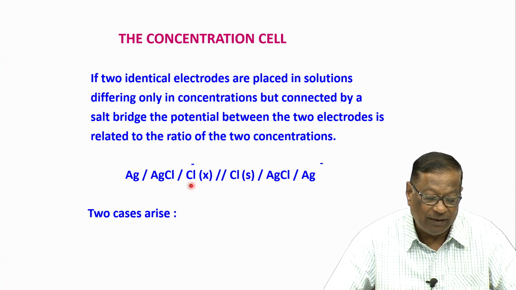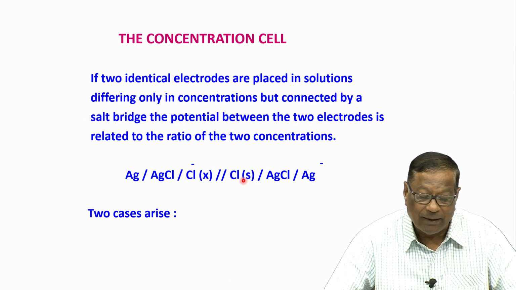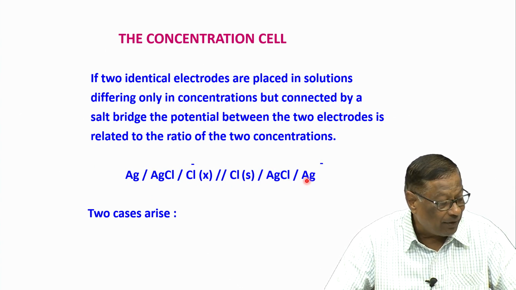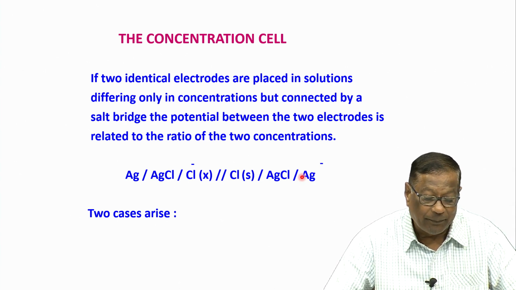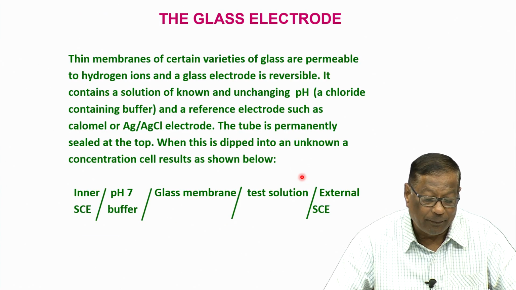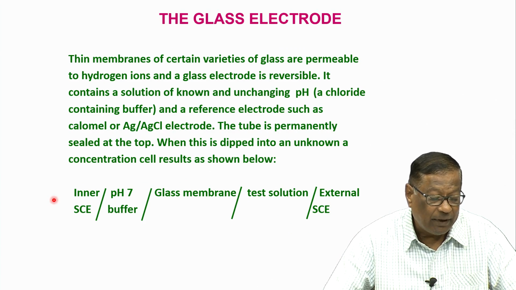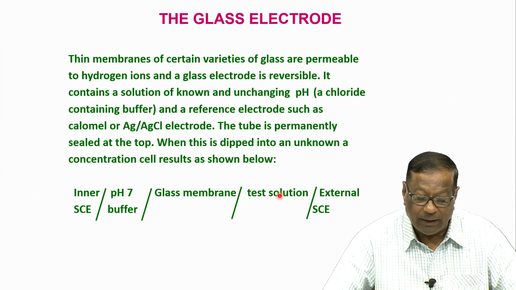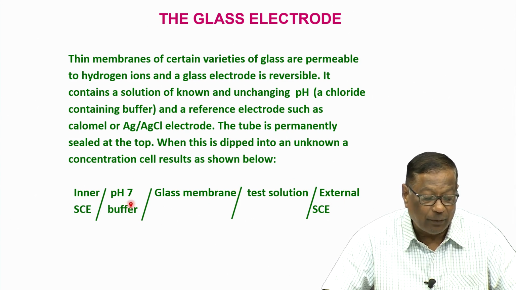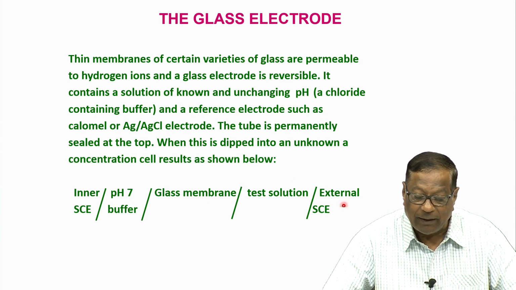This is AgCl, Cl minus in contact with Cl, AgCl, Ag. So, same thing I am writing here. Inner electrode, saturated calomel electrode, pH 7 buffer, one membrane and one test solution, and this concentration I know, the pH 7 buffer, another is external.